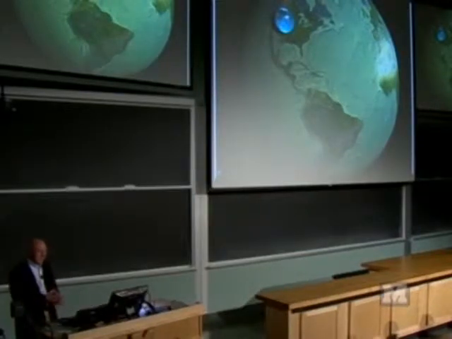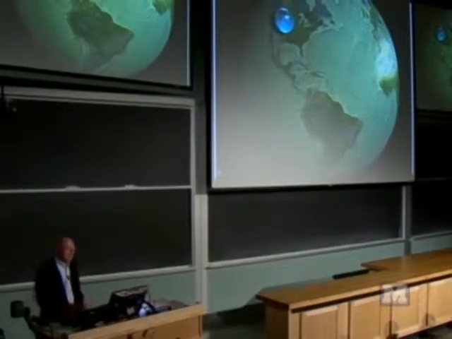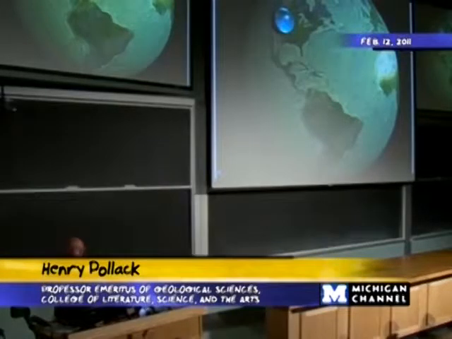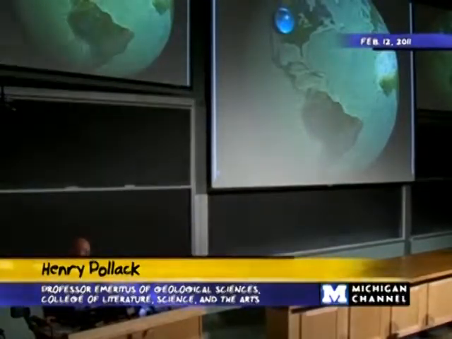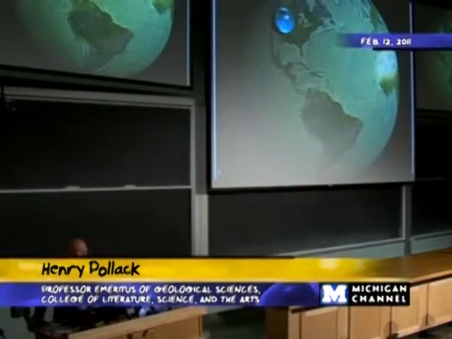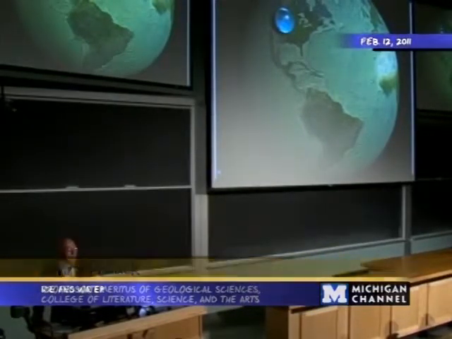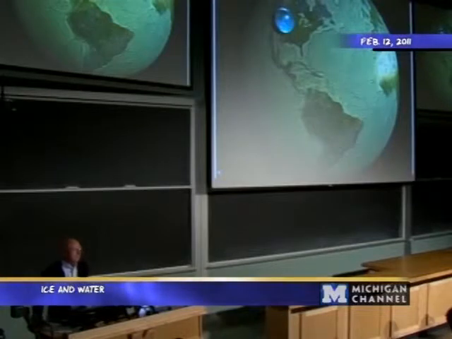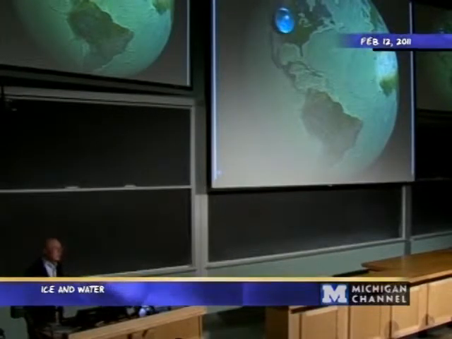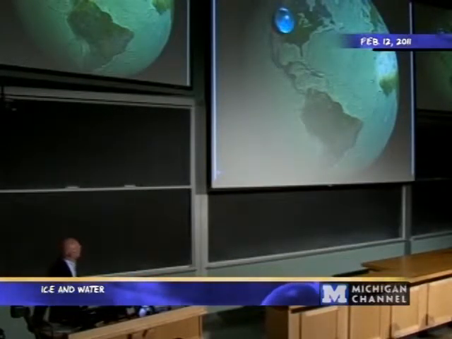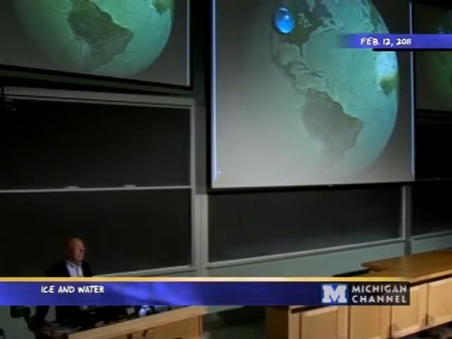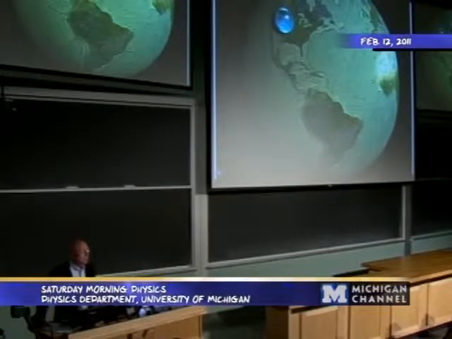The first thing I want to do is give you a feeling for how much water there is on Earth. What you're looking at is an image of the Earth with a hint of its topography, but without water in the oceans. All the water on the Earth in this illustration is gathered into this little blue marble that you see to show you the relative volume of water on Earth compared to the other constituents, mainly metal and rock.